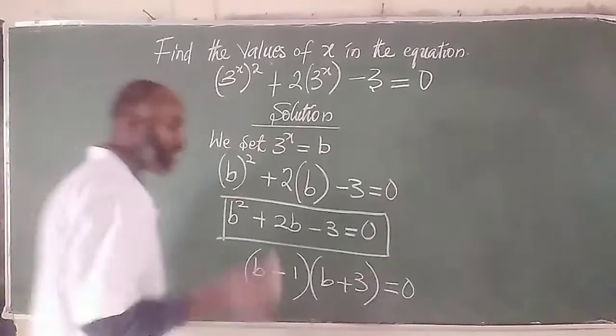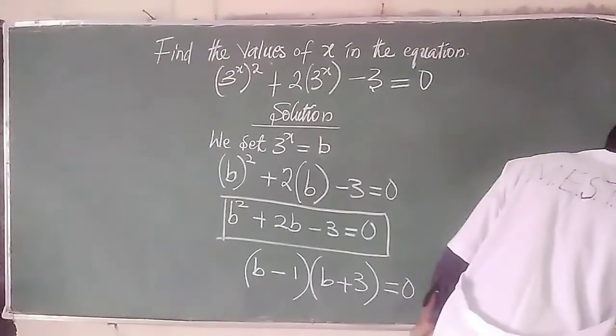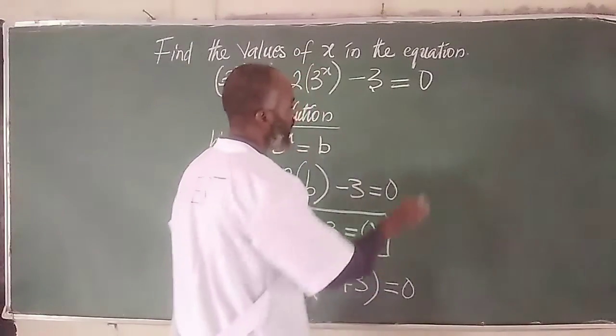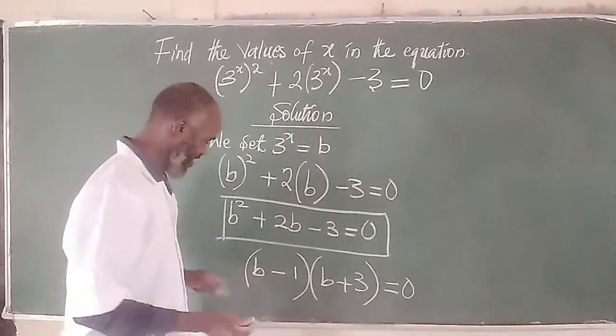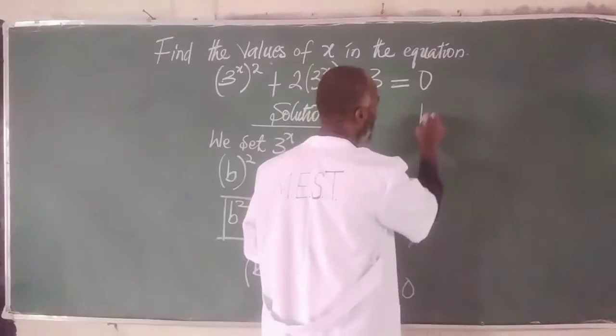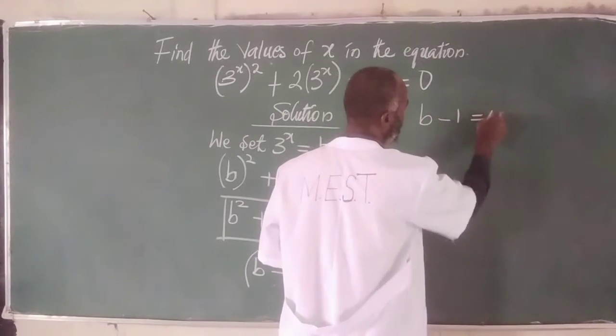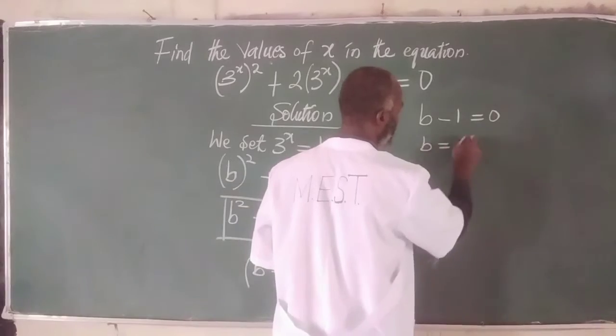So what do we do? We're dealing with this: b minus 1 equals 0, therefore b is equal to 1.